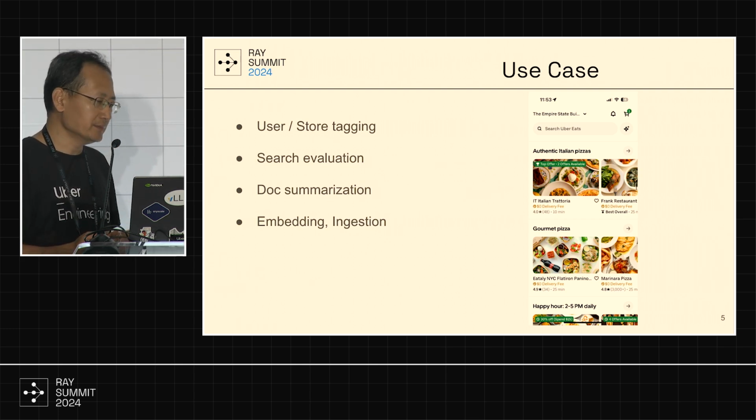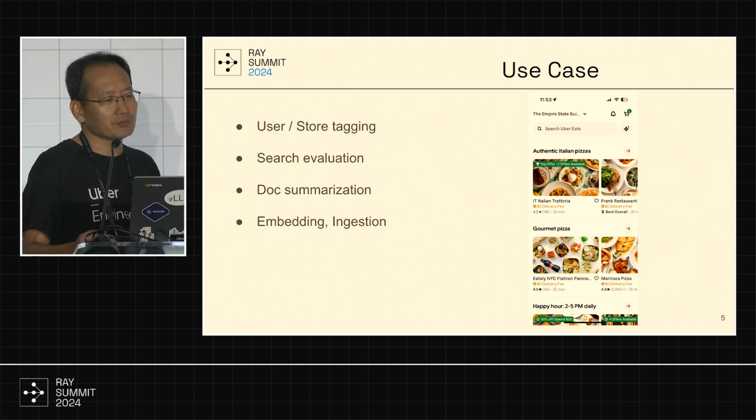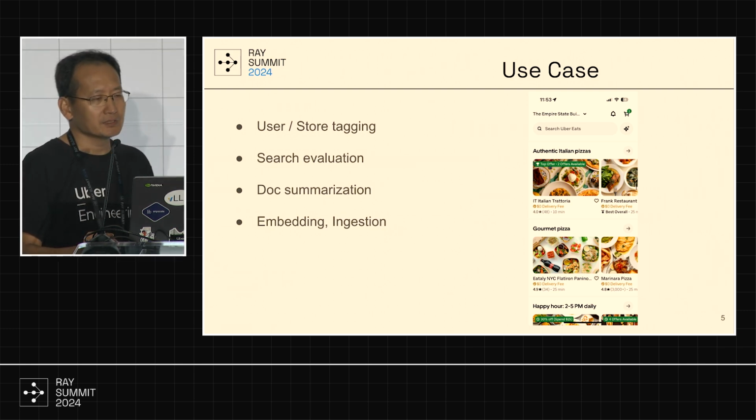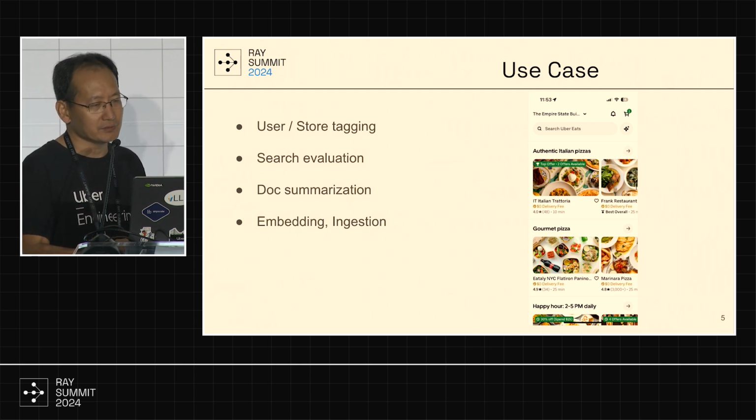We can pull the search results for a search evaluation and get the quality of searching. We have documents. We want to do document summarization, categorization, labeling. For documents, we can do ingestion, get embeddings, and save in a vector DB so later we can do retrieval. So basically those are the use cases.